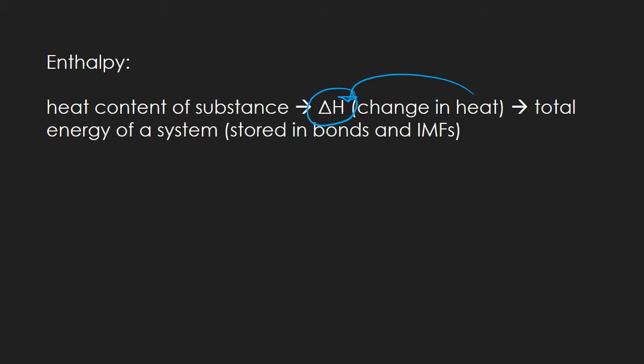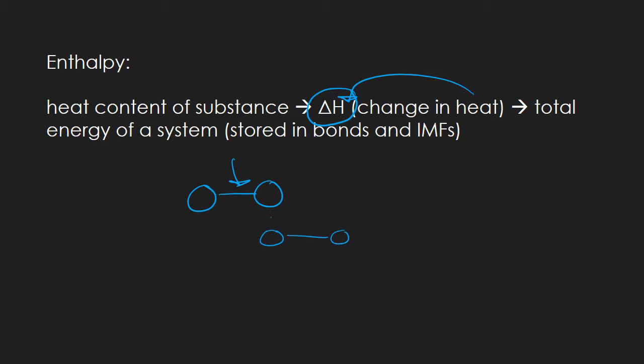Now, when we're looking at the enthalpy of a substance, we're looking at the total energy in the system. And where's that energy going to come from? It's going to come from stored bonds. When you have two atoms together, there is energy available in that bond. When the bond breaks or forms, energy is released or absorbed. Also, when you have particles or compounds close to each other, you have those IMFs.